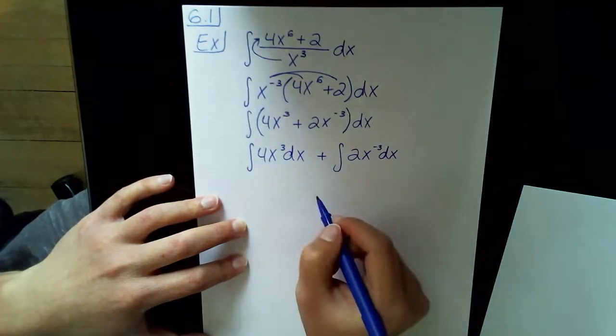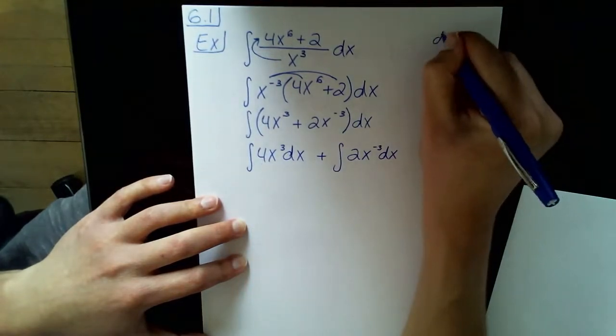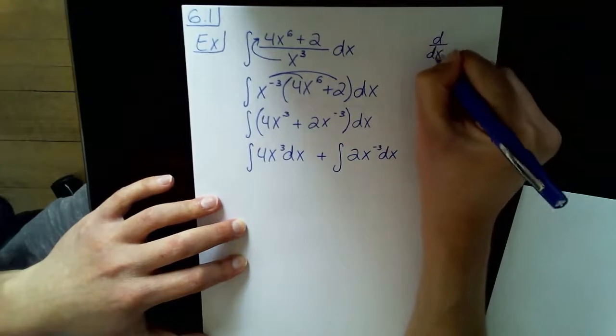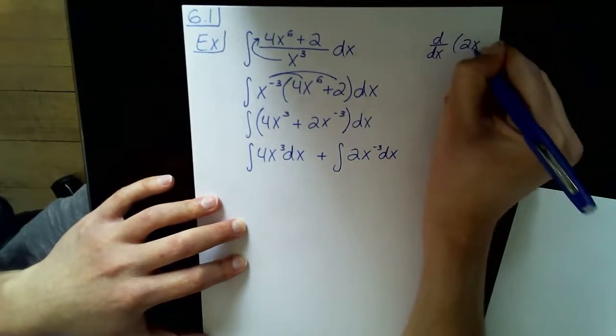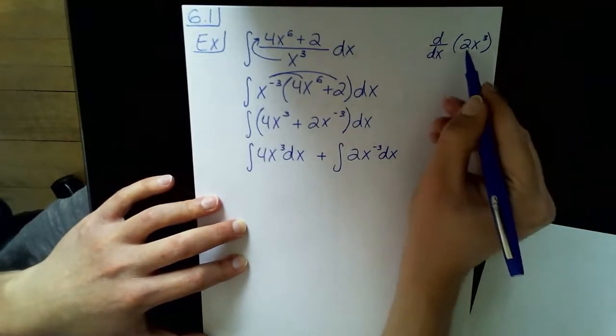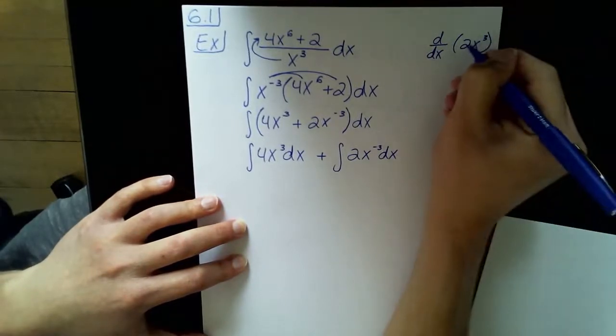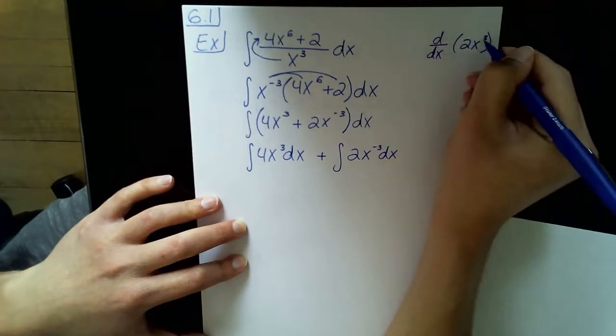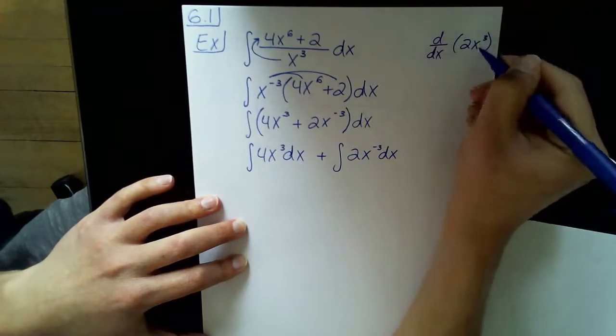So think about when you take the derivative of, let's say, 2x to the 3rd, for instance. When you do this derivative, you don't take out the 2 and then start finding the derivative of x cubed.